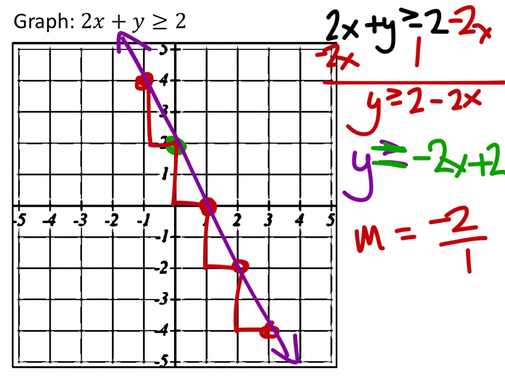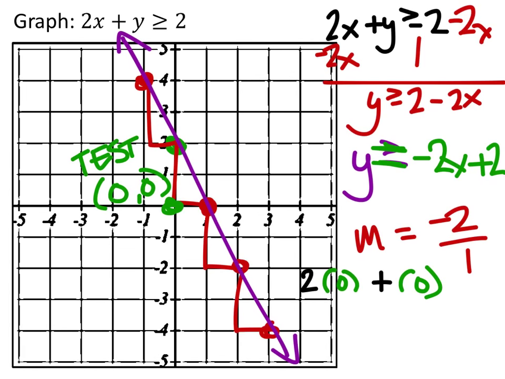Do we need to worry about dashing this thing up? No, we don't, because it's also equal to. So we just need to test a point, right? I really like the origin, (0, 0), so let's test this one out and plug it back into the original. So I got 2 times 0 plus the y value is 0. Is this greater than or equal to 2?